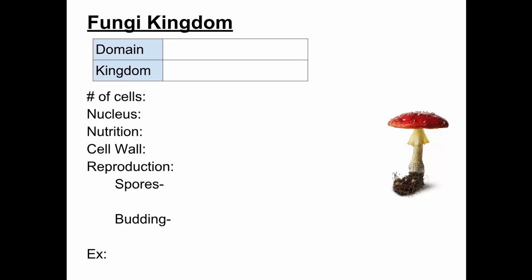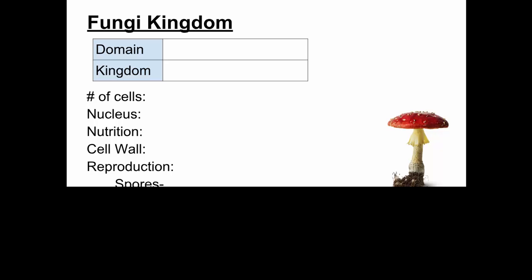Fungi is the kingdom. And then within that, there are various classes, orders, families of fungi. We won't get into all of those details, but that's where we are. So, domain, eukarya, kingdom, fungi.